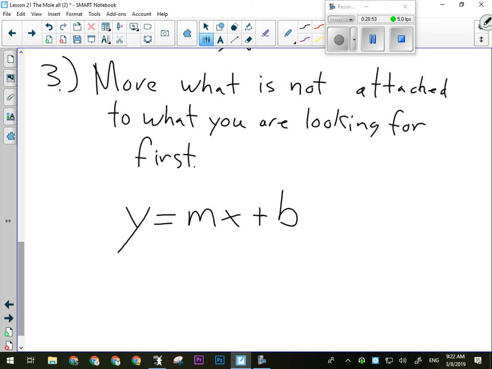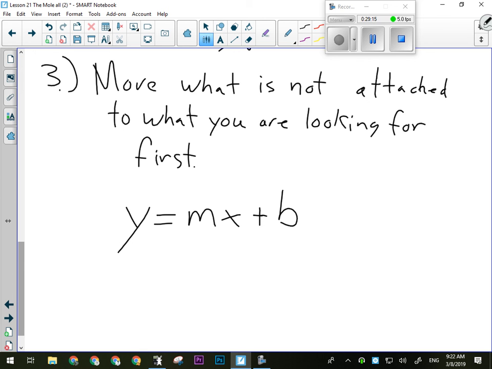Right now, what's not attached to m? Y isn't, but y is already over on the other side. B is not attached to m because x is. X is right beside it. It's attached to it. B is not attached to it. So I'm going to move b over to the other side. How am I going to move b? I'm going to subtract it.